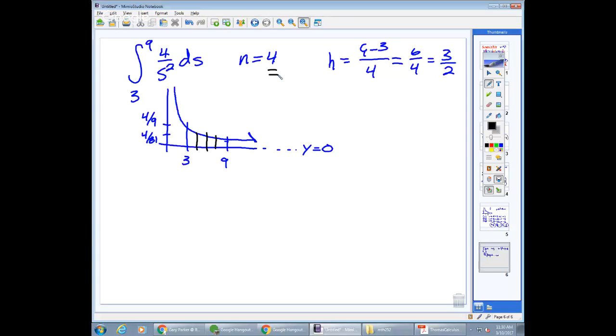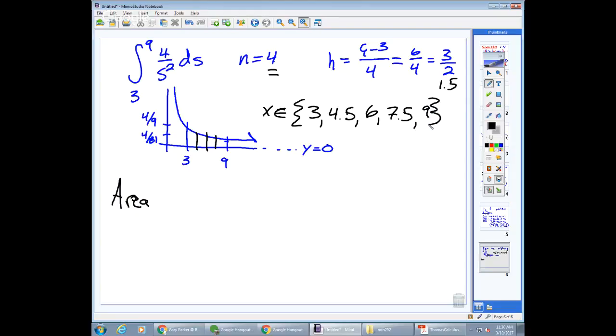First I should list the x values. They start with 3 and then jump by 3 halves, which is 1.5. So the next one is 4.5, then 6, then 7.5, and adding 1.5 again gives 9. That works out, so that's my set of x values.